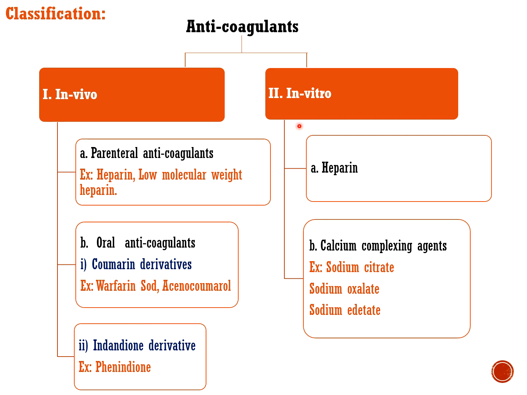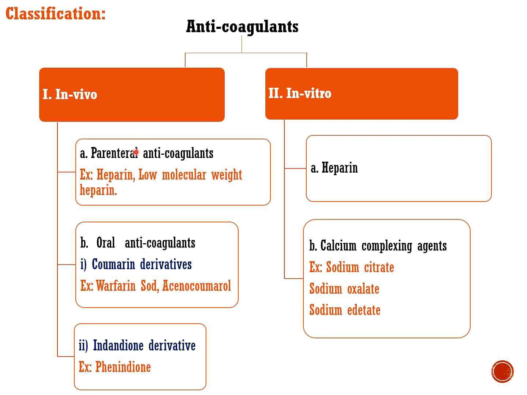The second main class of anticoagulants is in vitro anticoagulants. Here again heparin will come, because heparin is used both in vivo and in vitro. The second class is calcium complexing agents, for example sodium citrate, sodium oxalate and sodium edetate.